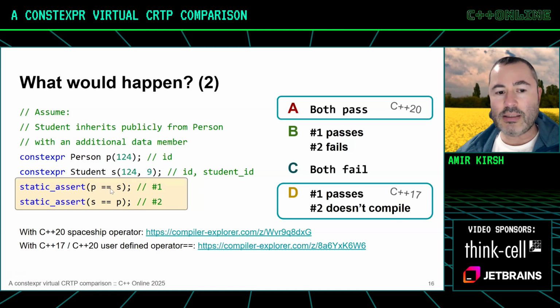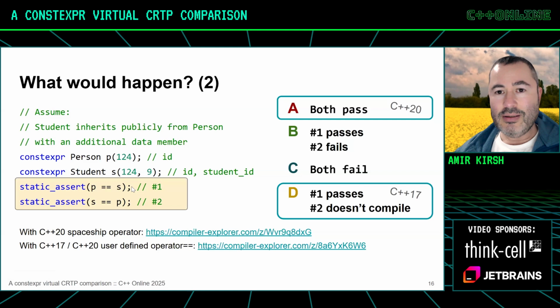And the reason that both pass is because in person, the comparison operator is implemented to accept an argument of type person. And the student is a type of person.